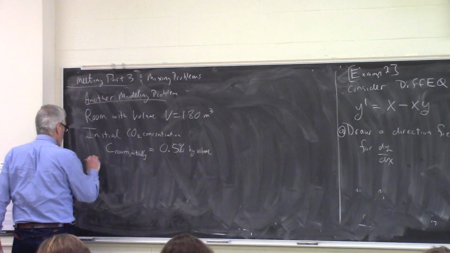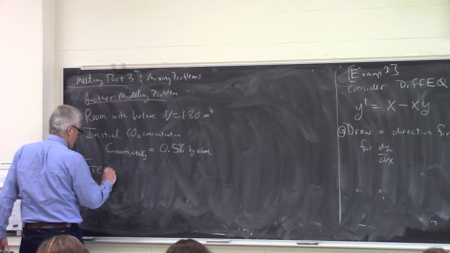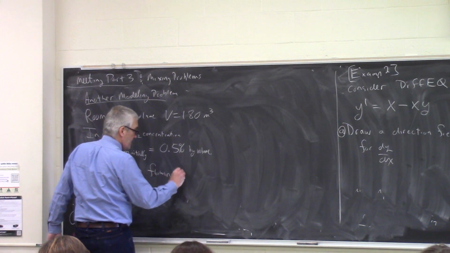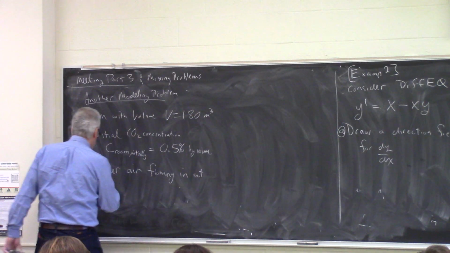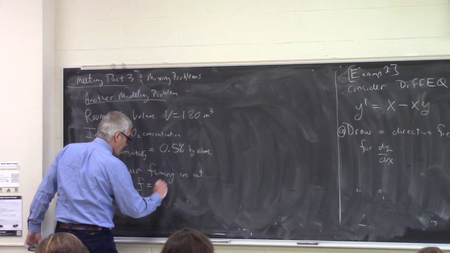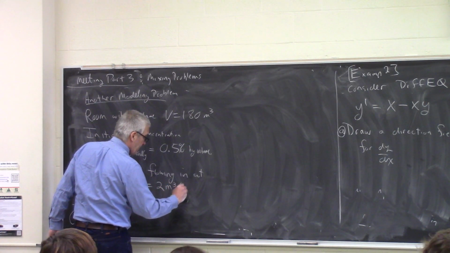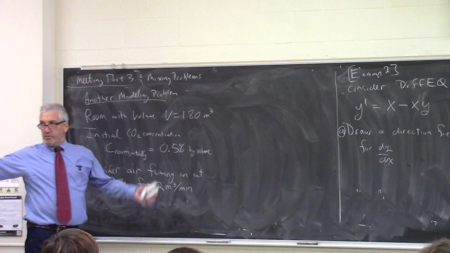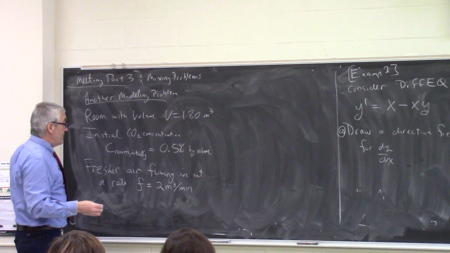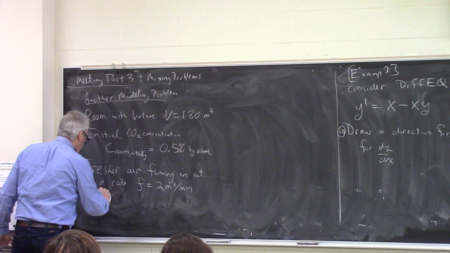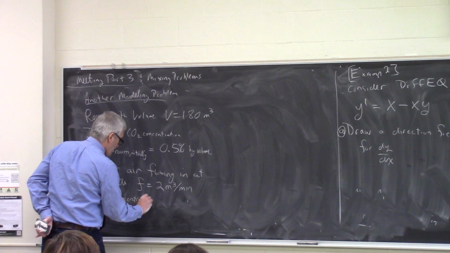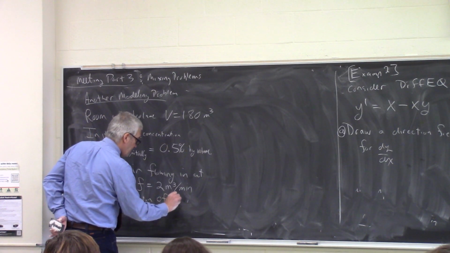Fresh air, or fresher air, is flowing in at a rate F, the flow rate, of 2 meters cubed per minute. So your room's all closed off, but there's a ventilation duct forcing air in at 2 meters cubed per minute with a constant concentration of CO2.